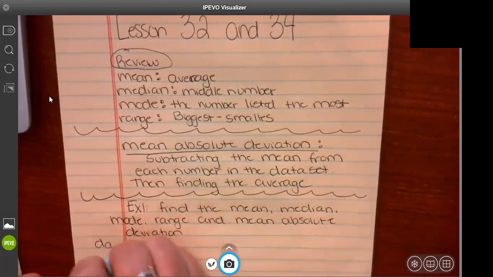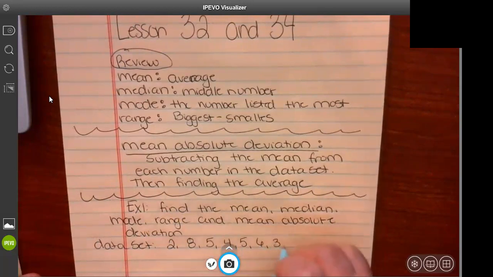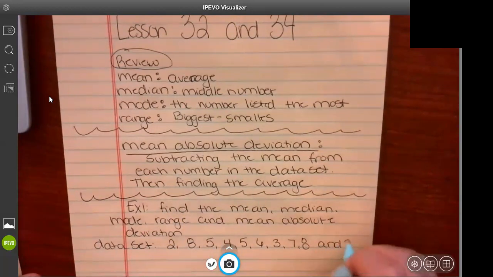And our data set is 2, 8, 5, 4, 5, 6, 3, 7, 8, and 2.